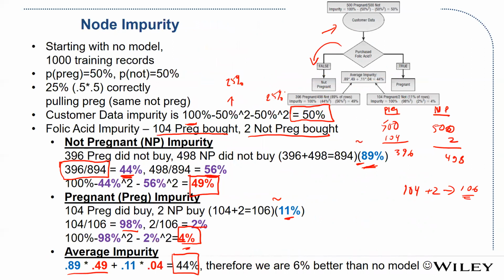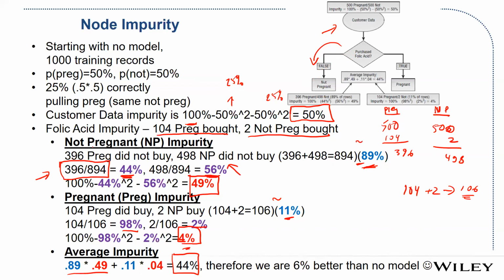So if you look at this, on this side over here, didn't purchase folic acid, false. We're saying not pregnant. And then we have to find the impurity of that, taking into account the pregnant and then the not pregnant. And then we get a composite not pregnant impurity.